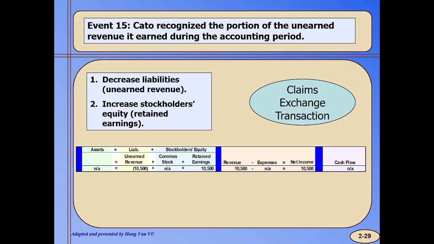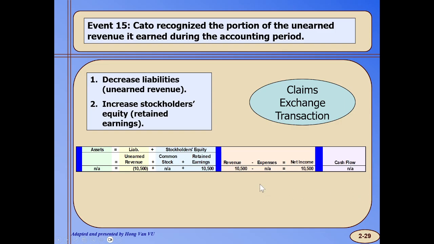Cato can simply recognize the amount earned in a single adjustment to accounting records at the end of the accounting period. Cato can recognize the revenue for 7 parts of 12 of the 18,000, or 10,500, because the liability account decreases and an equity account increases.